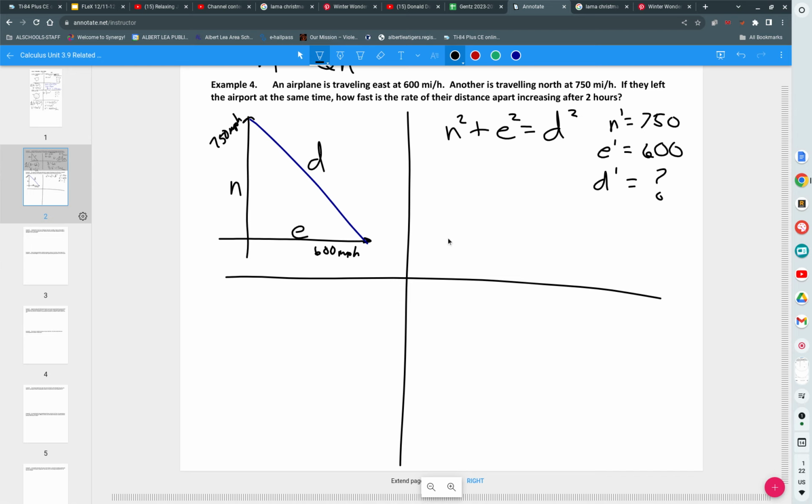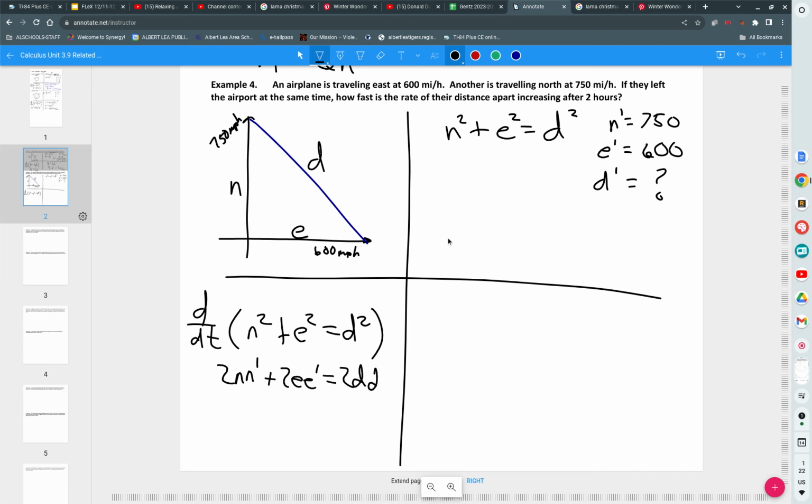Could somebody tell me, when I take this derivative, what do I come up with? 2n n prime plus 2e e prime equals 2d d prime. We got a lot more things there than what we found out, didn't we?